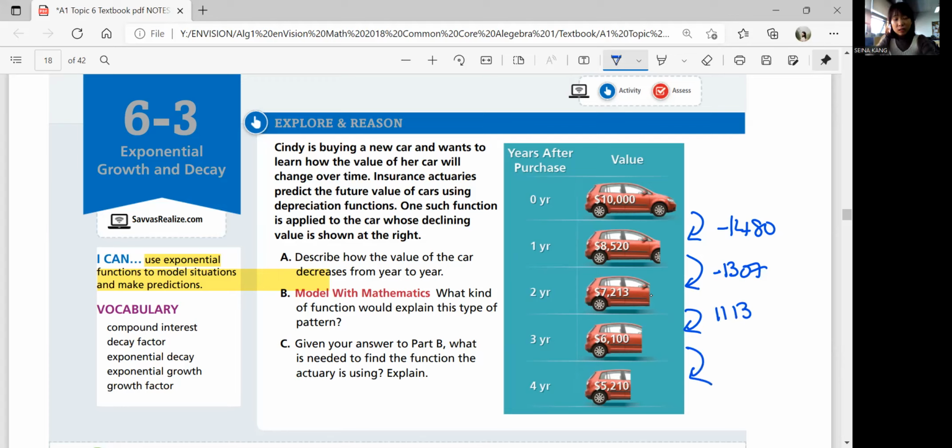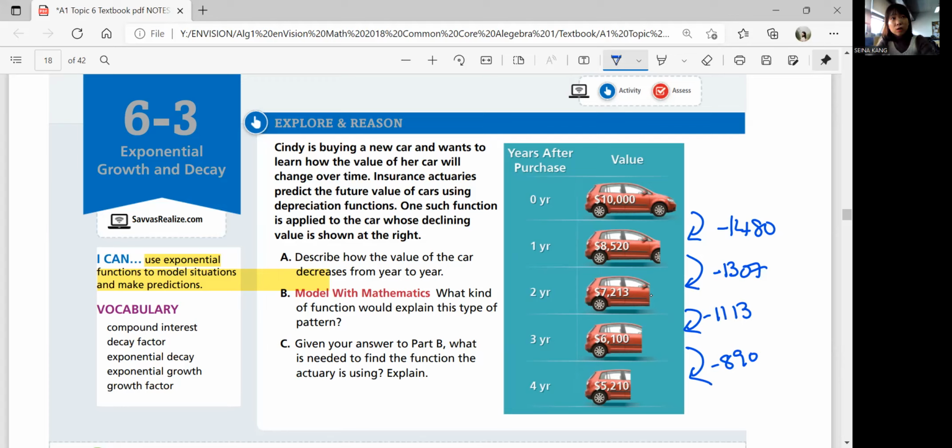And then the next year, it dropped $890, which was also about 15% of the car value in the previous year.